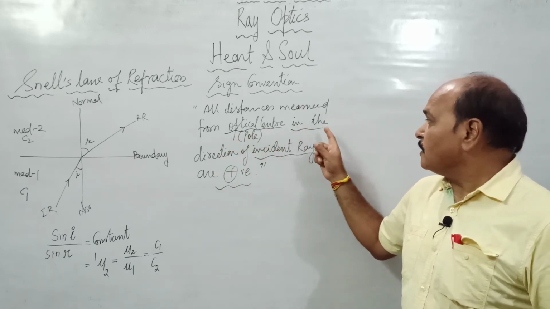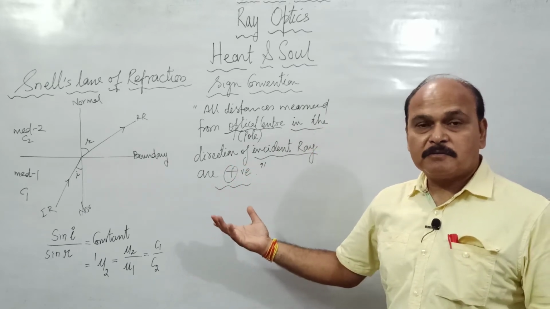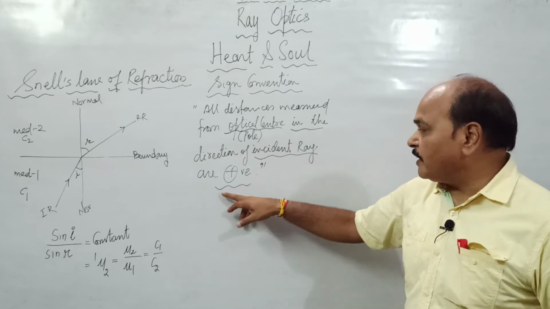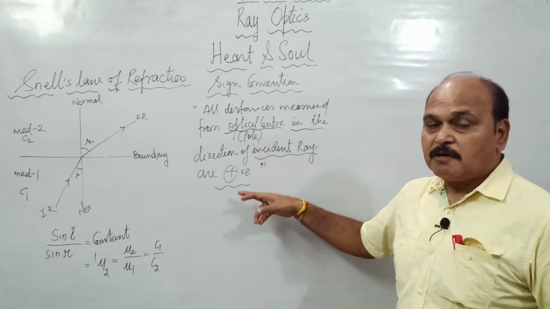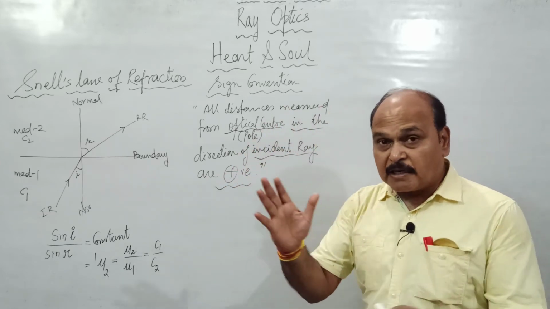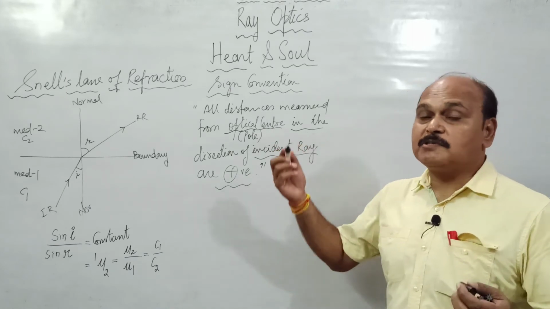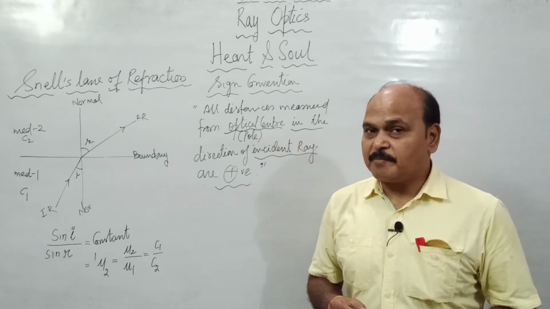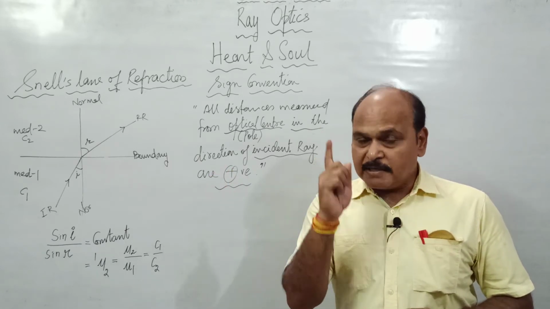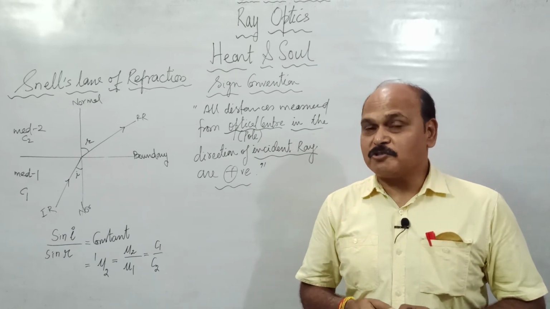Number two, if the distances are measured in the direction of incident ray, they are positive. The second thing is, when are distances positive? All distances are measured from optical center, but if the distance is measured in the direction of incident ray, means parallel to incident ray, those distances are going to be positive.